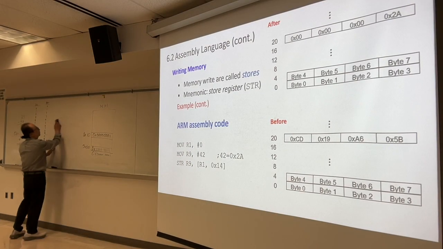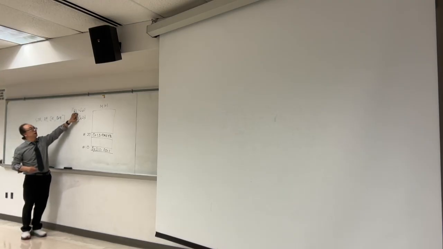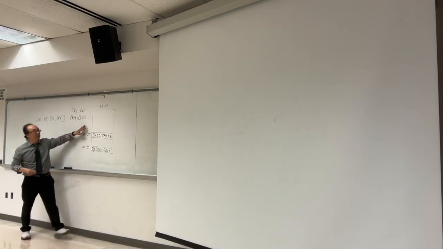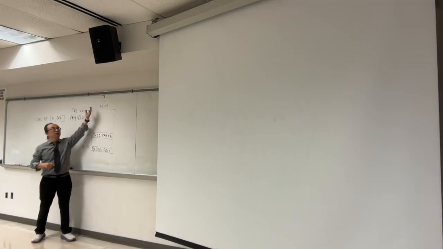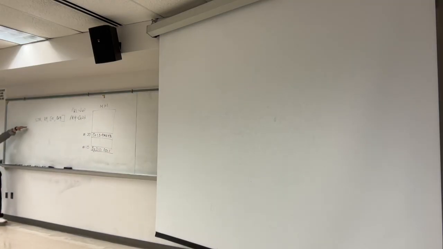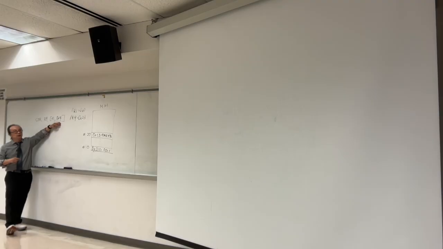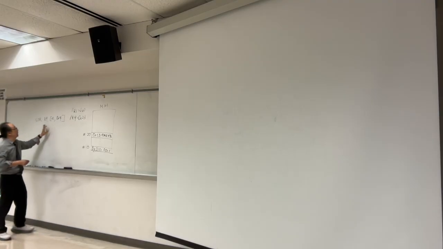Yeah, this one. Okay, so these are given. This R1 and R9 are given, and the contents of main memory are also given. Now the question is, after we execute STR R9, R1, 0x14, what's going to happen in the main memory?